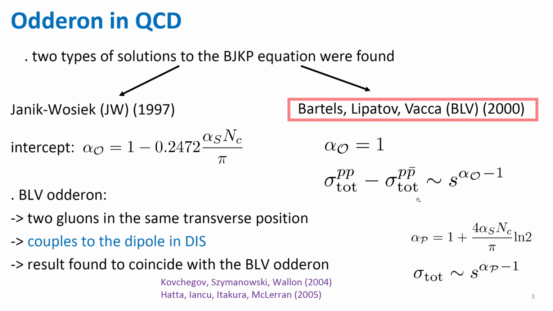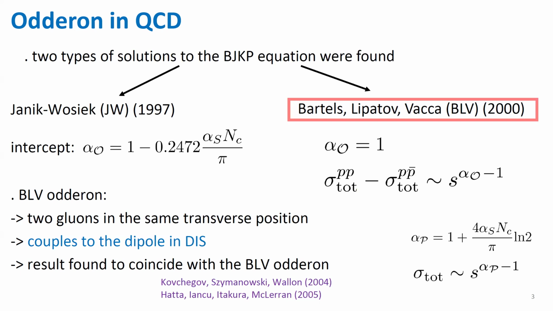For this equation, so far two types of solutions were found. One in '97, the Janik-Wosiek solution, gives an intercept less than 1, so your Odderon amplitude drops with energy. The other is the Bartels-Lipatov-Vacca solution in 2000, which has an intercept of exactly 1.